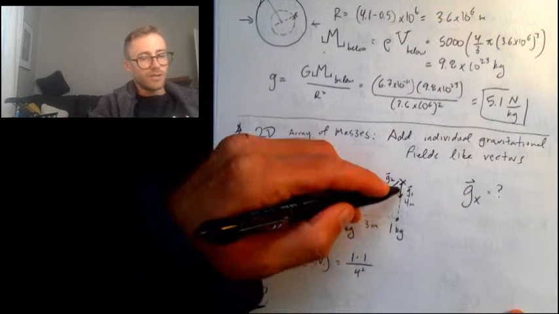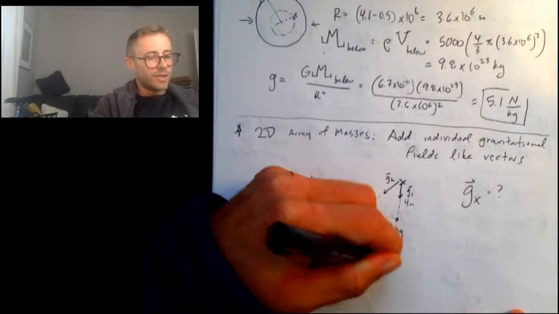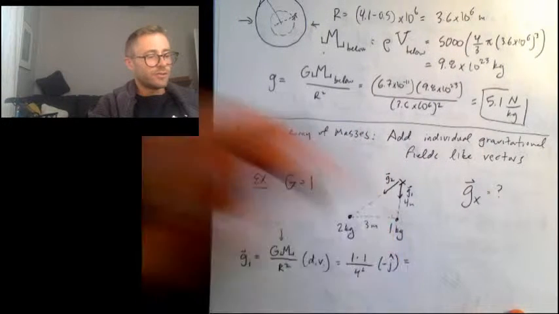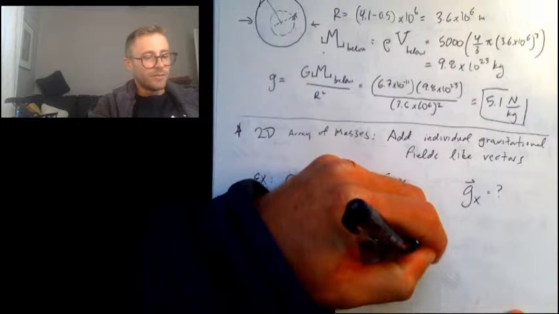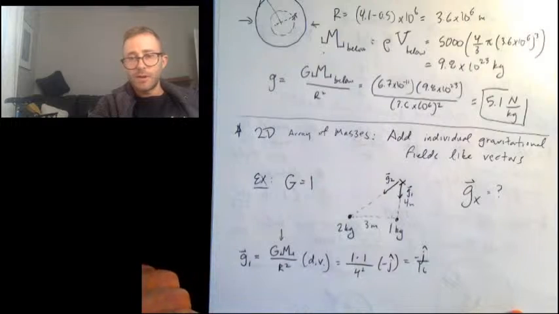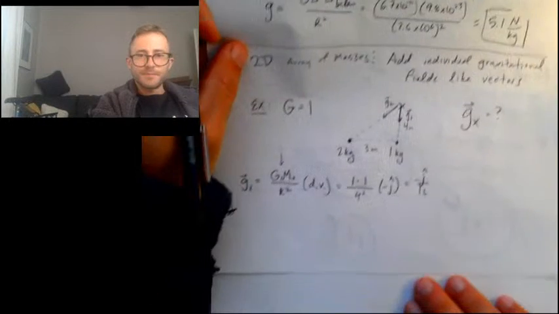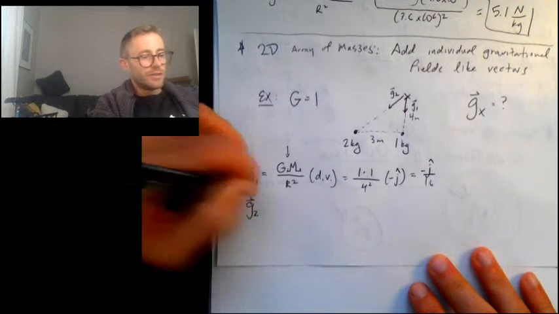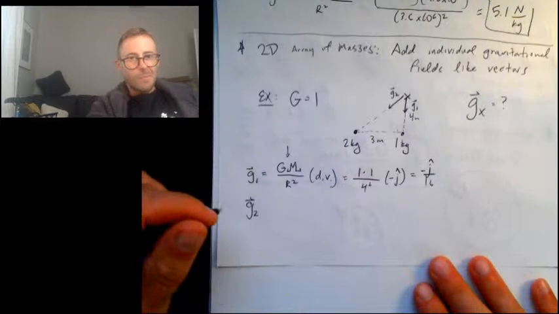The direction vector is straight down. So that's going to be in the negative j direction. So the gravitational field from the first one is negative j over 16. All right. Let's think about the gravitational field due to the second mass.